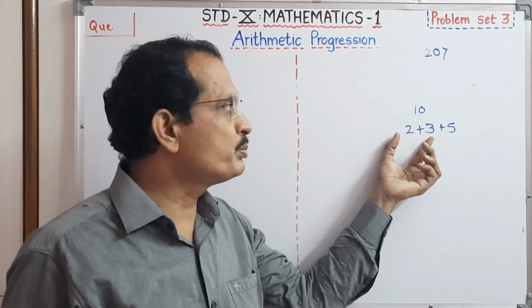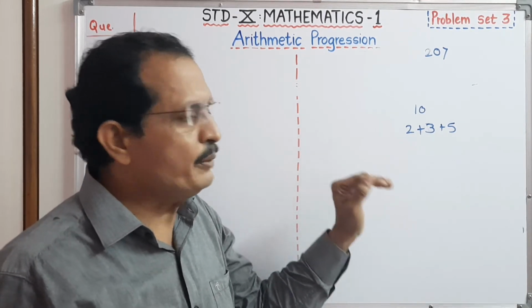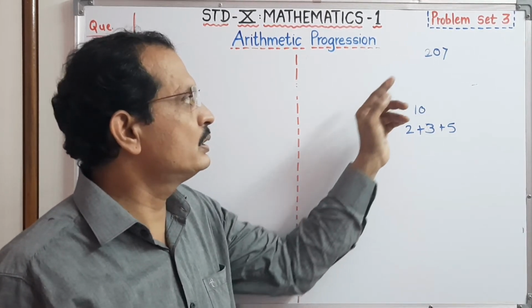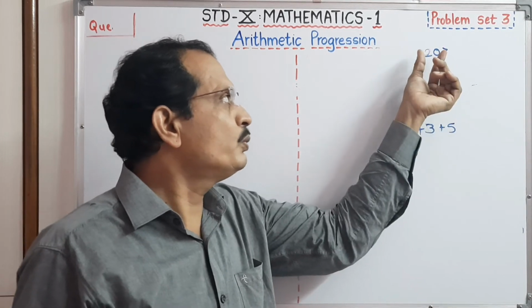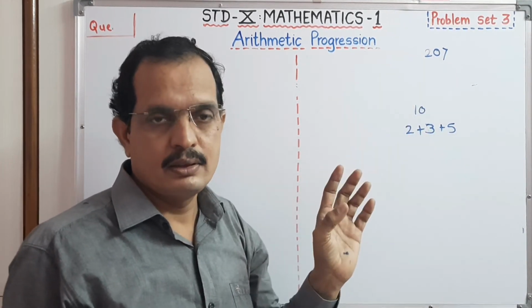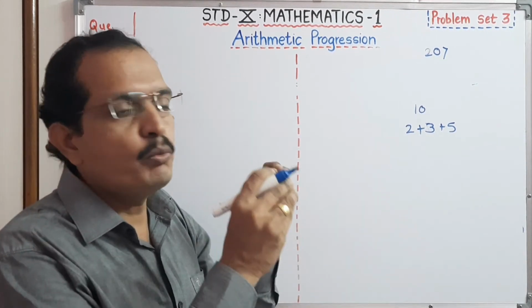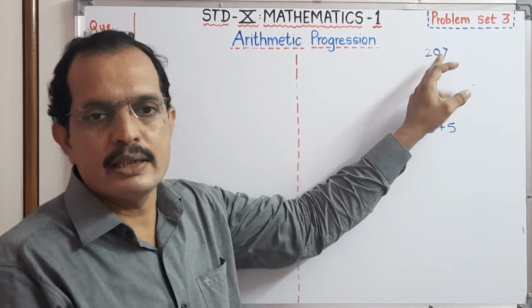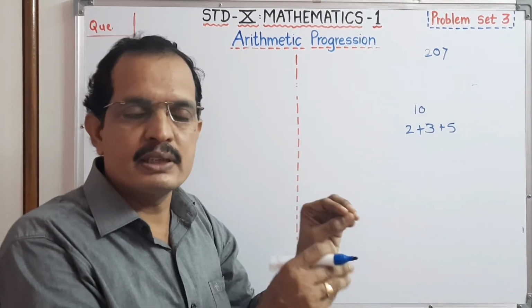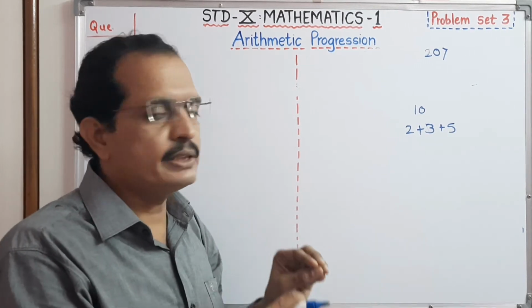We make the sum of these 3 parts 10. Now in the same way, we have to divide this 207 into 3 parts. That means in short they say that the sum of 3 numbers is 207 and those 3 numbers are in AP. Got it? Simple, easiest way.